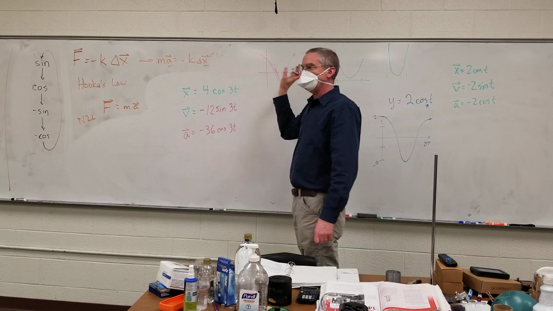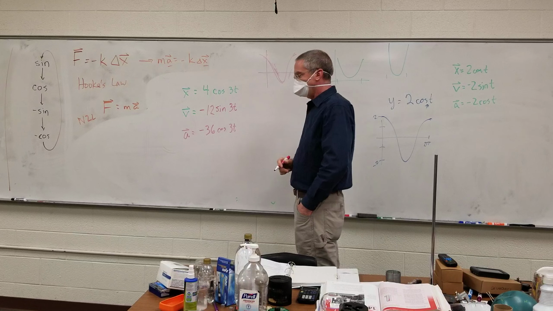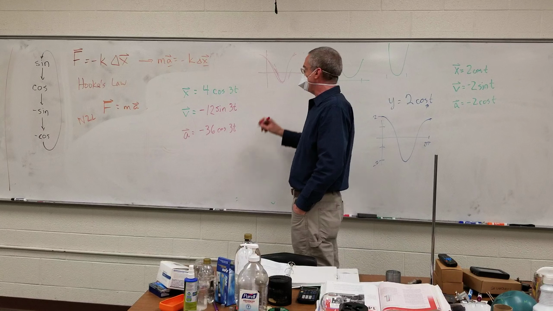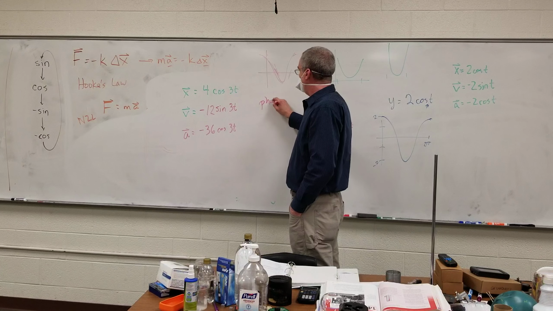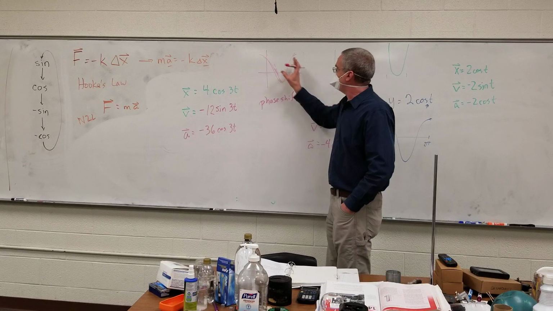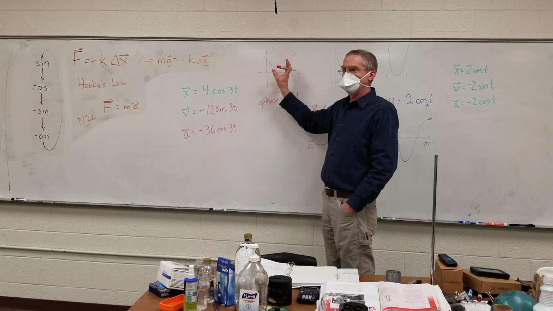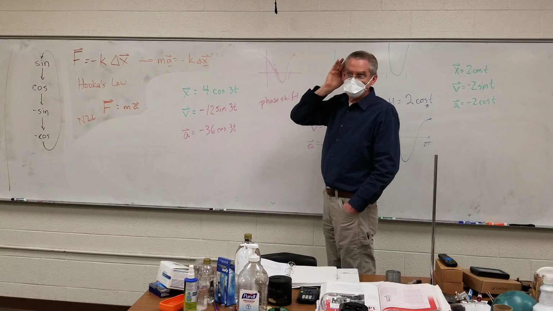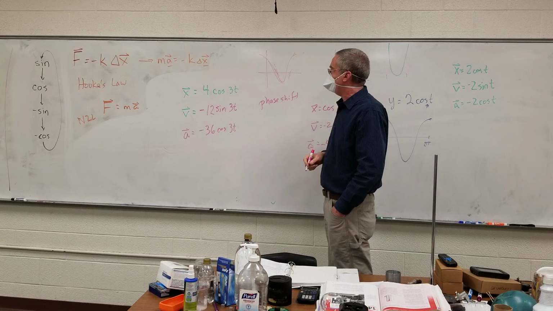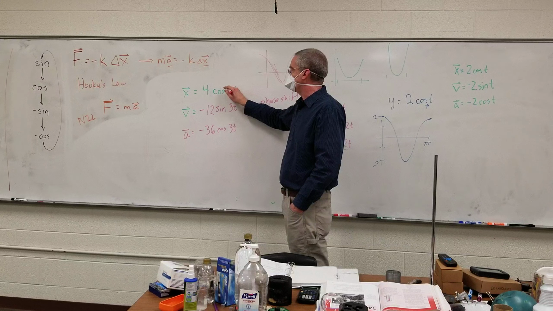In other words, the graph is going to shift left or right. This is why we have the phase shift. Now, if I shift the graph left or right, how does that affect the slope? It doesn't affect the slope. Right. So phase shift is something that gets tacked on. It does not affect anything other than the fact that it still shows up.